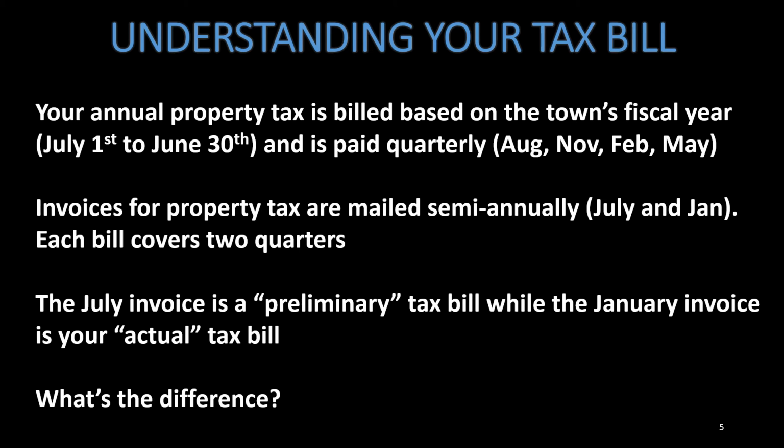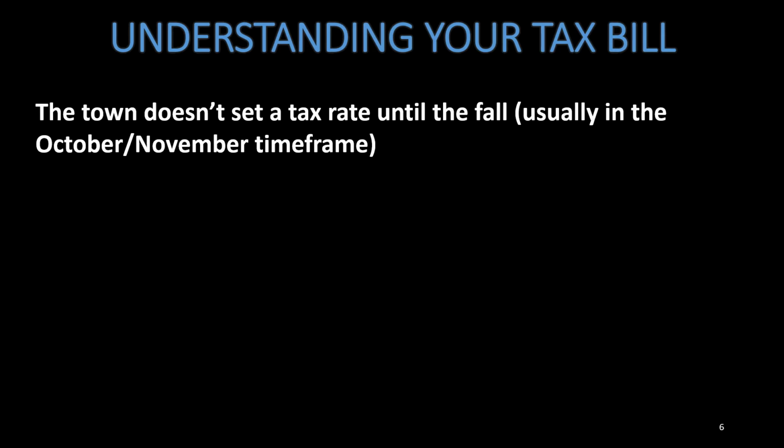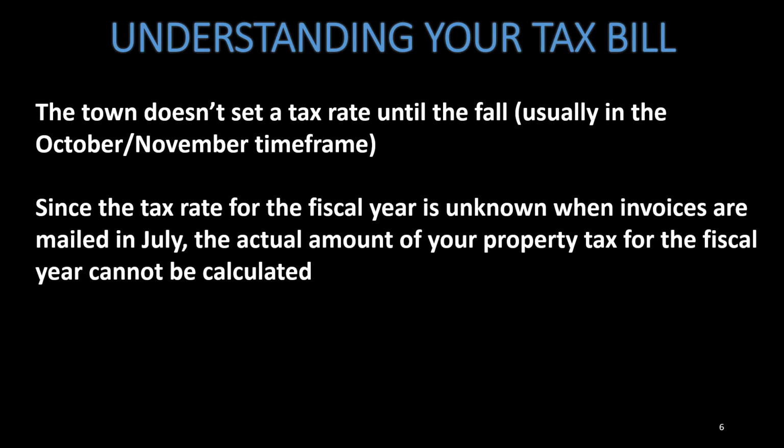Why is this? What's the difference between those two? The town doesn't set a tax rate and doesn't establish the final assessed value for your property until the fall, usually in the October and November timeframe.